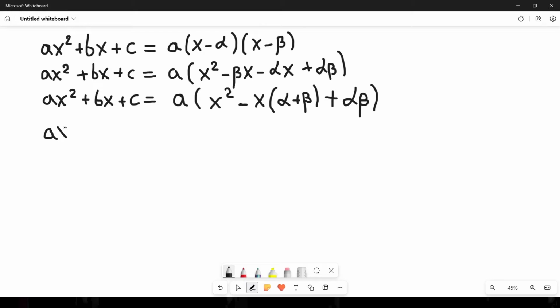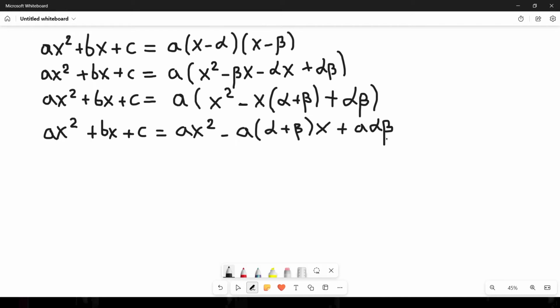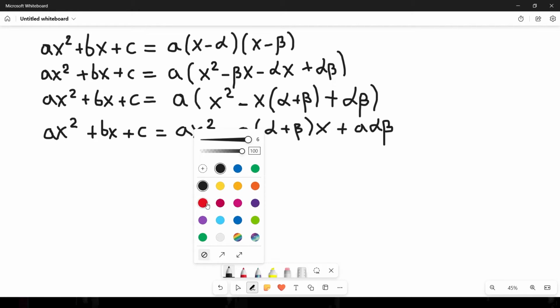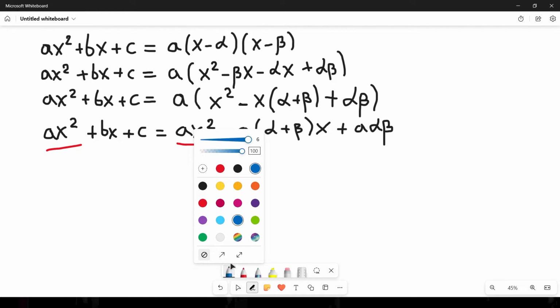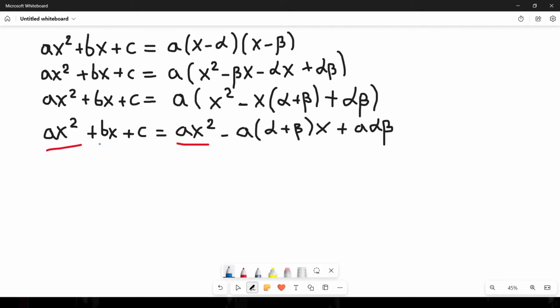So when we copy the third row, we actually get this row here, which is pretty interesting because we can compare the coefficients. And now we have, of course, a times x squared, which is the first one. We get the second one, which is b times x, and minus a times alpha plus beta.